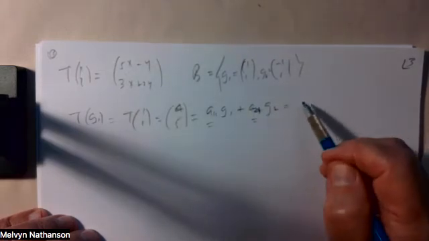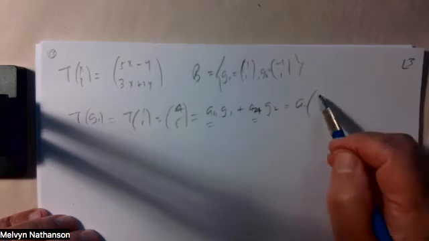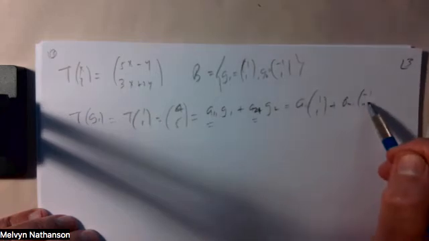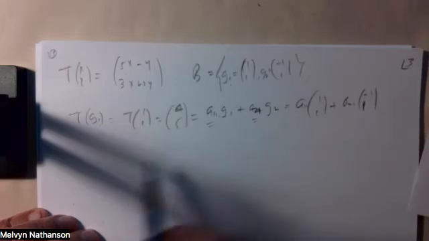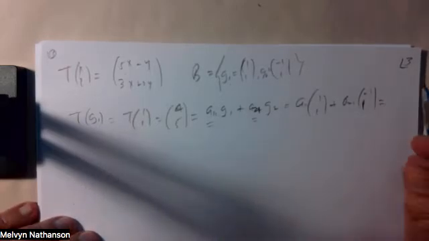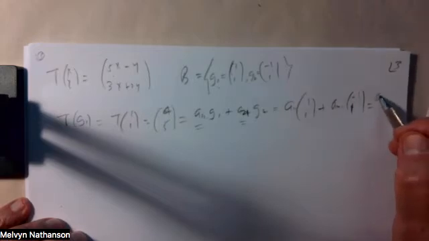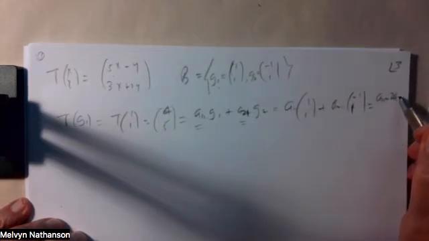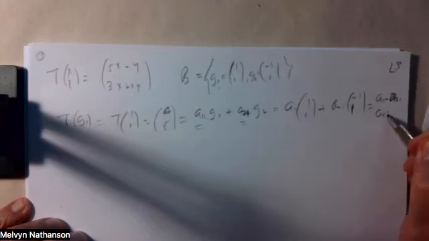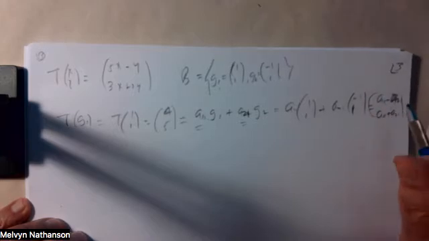So that's the same as A11 times the vector (1, 1) plus A21 times the vector (-1, 1). So this is equal to (A11 minus A21, A11 plus A21).